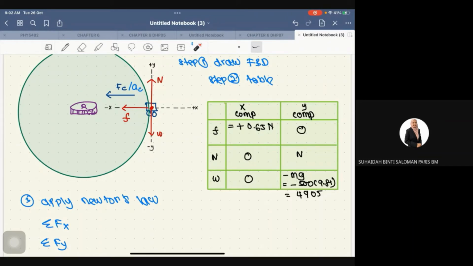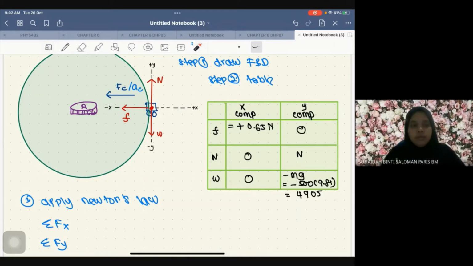Okay, so contoh, awak fikir kereta ni sedang berada atas phone saya dan buat pusingan bulatan. So phone saya ni plane of the x-axis. This is the plane of the x-axis. It means that the motion only involve on the x component.